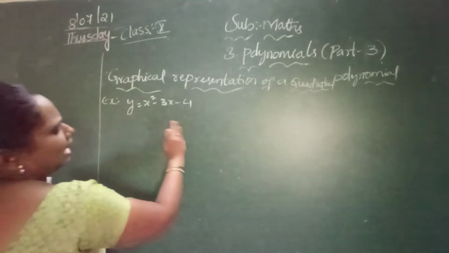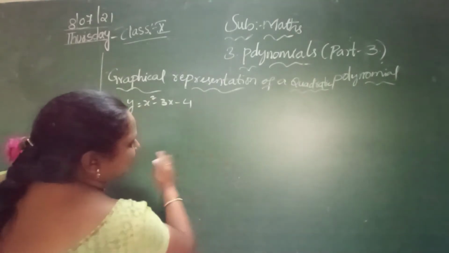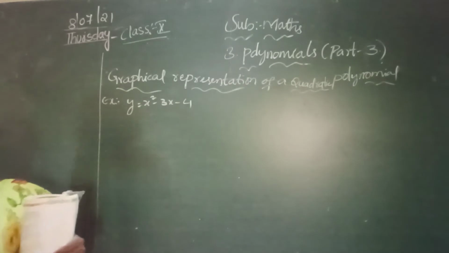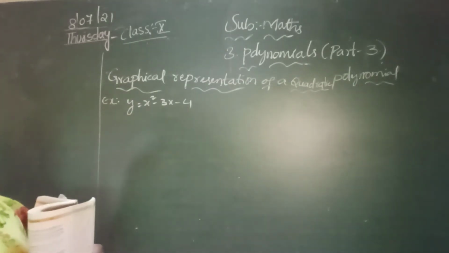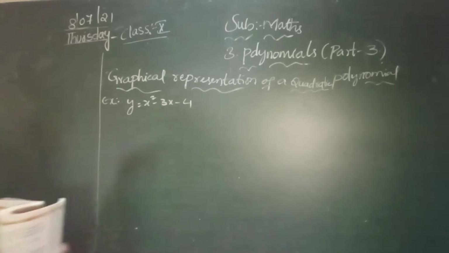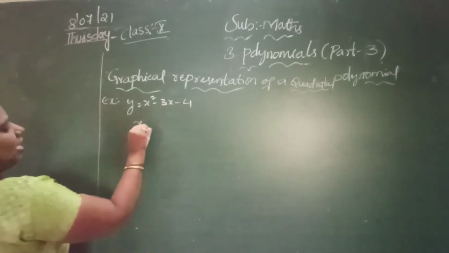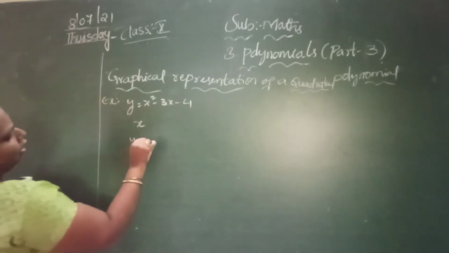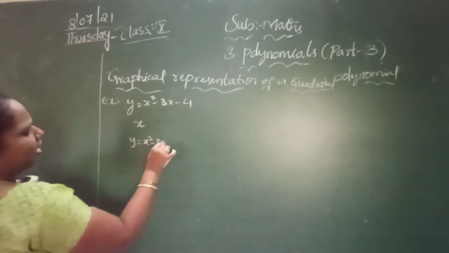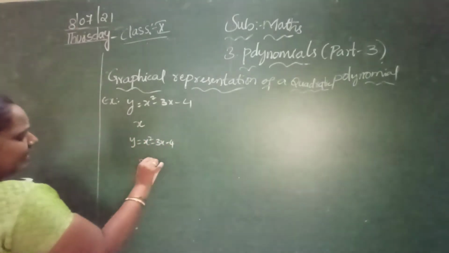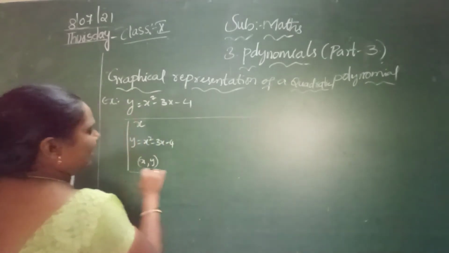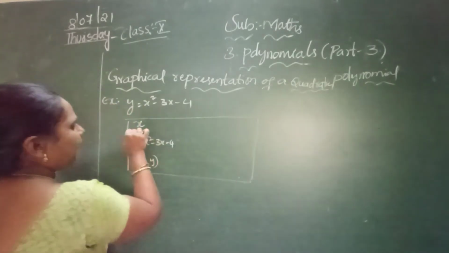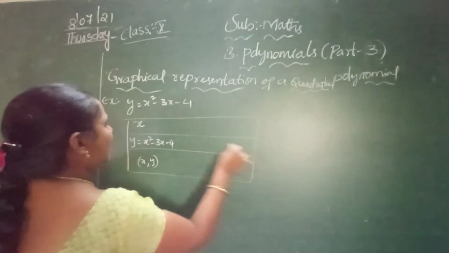So to draw a graph, what is the main important thing? We want x comma y coordinates. x is our choice, y is already given in the equation form. Our own values we can take for x.